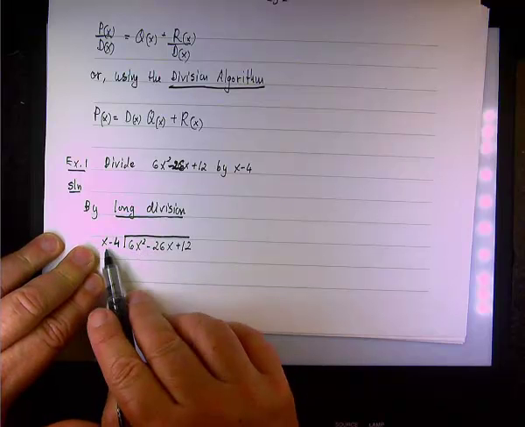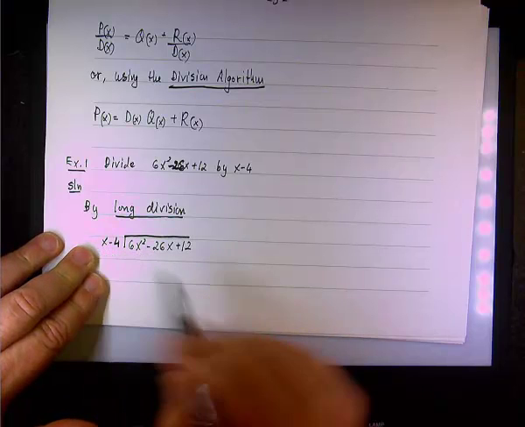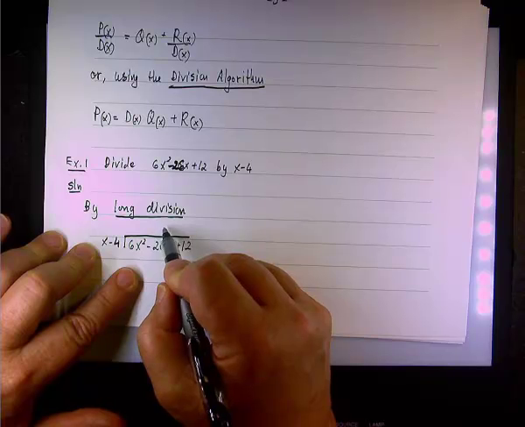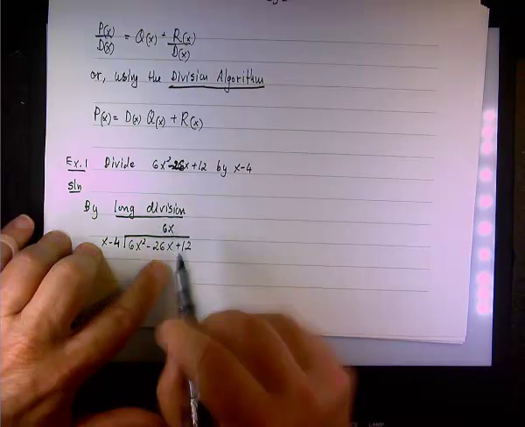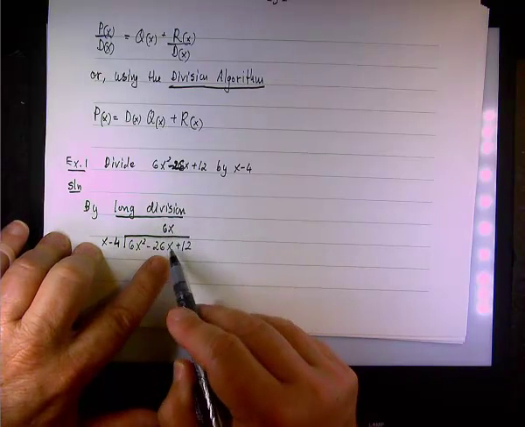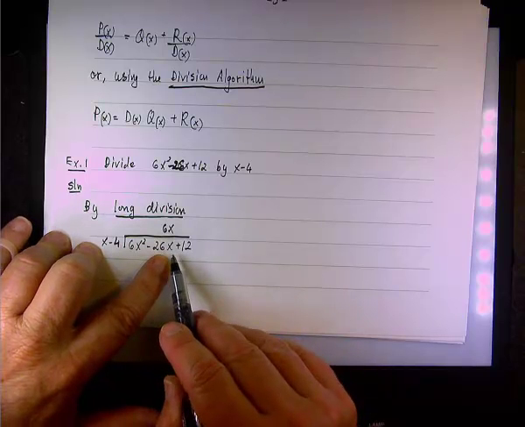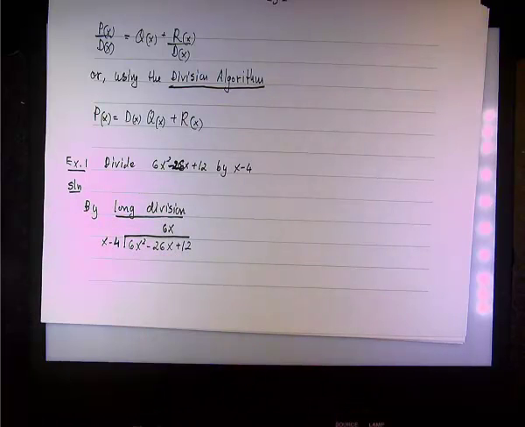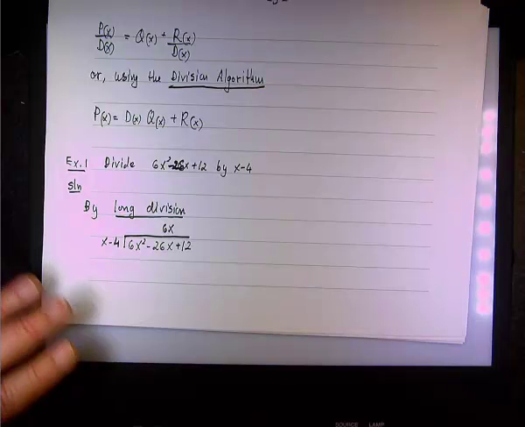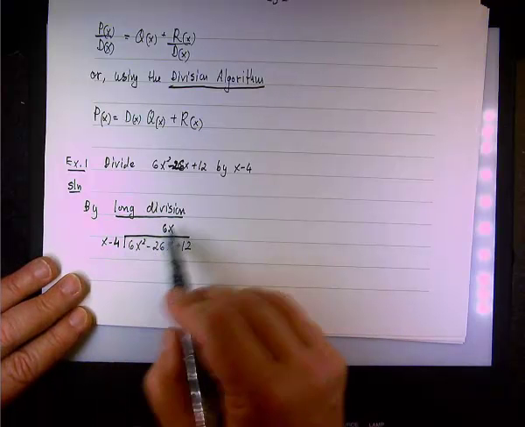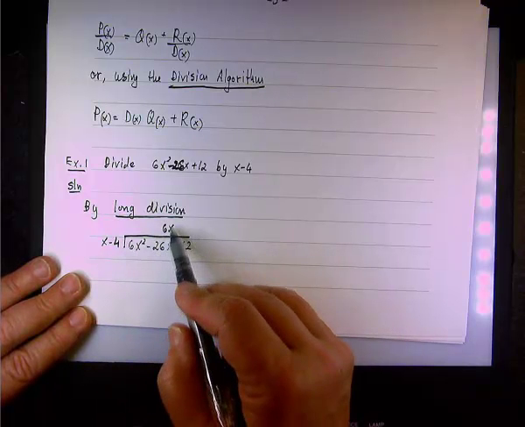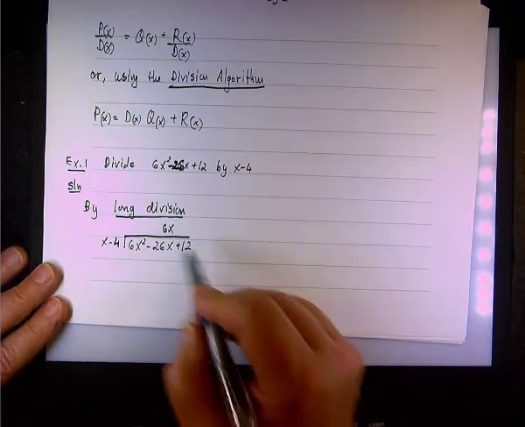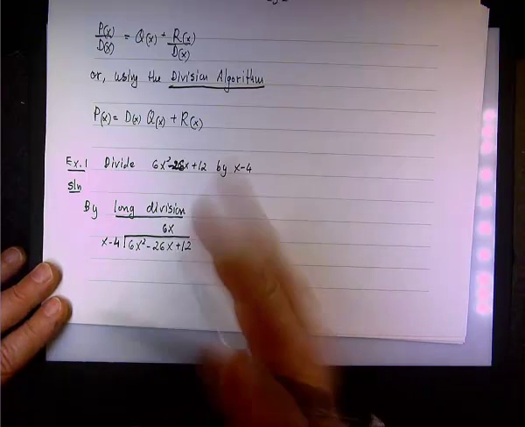So the quotient will be written on top. In order to get to 6x squared, I need to multiply x by 6x. Since I have 6x in the quotient, notice the position. I'm positioning it above the x in the dividend, the same way as we do with place value as we divide numbers.